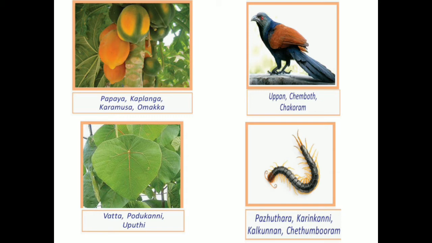When one is studying a particular organism, he might find difficulties in the course of his study because the same organism is known by different names in different regions. So there are chances of difficulties or confusion.